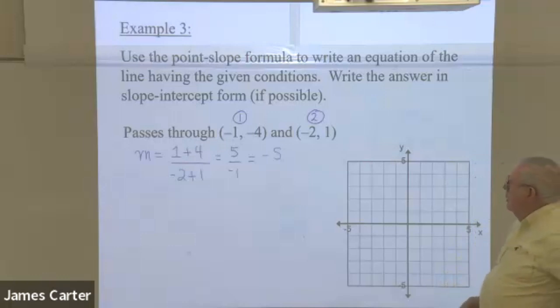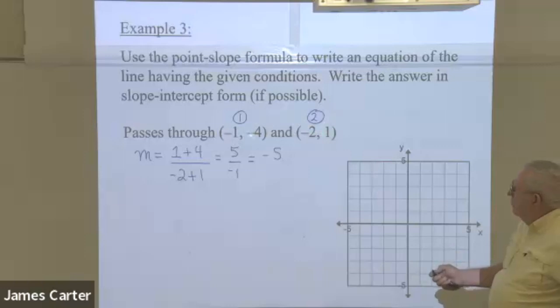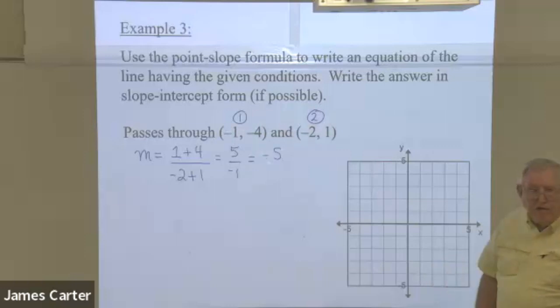Okay, so they went right to left, right to left. 1 minus -4, -2 minus -1. Simplified it and got a slope of -5, which means you could go down 5 right or up 5 left.